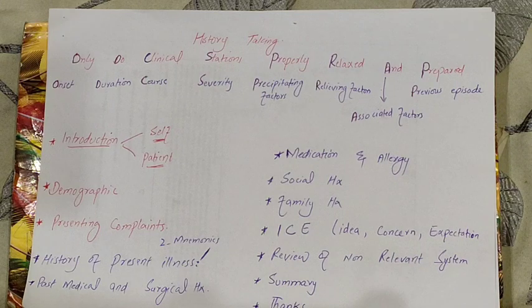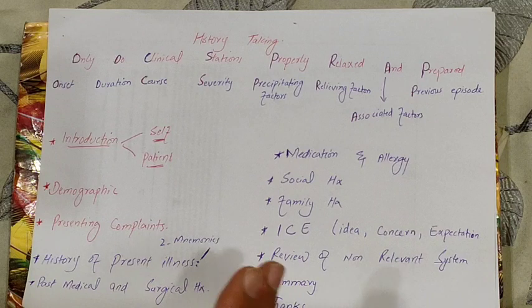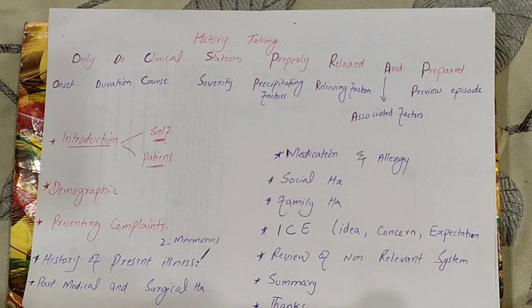Now after doing these things, you will come towards the history of present illness. This is where I have divided each and every history of medical education into just 2 mnemonics. You will have to remember just 2 mnemonics, and after that you will be able to take the history of any patient, relevant and correct.